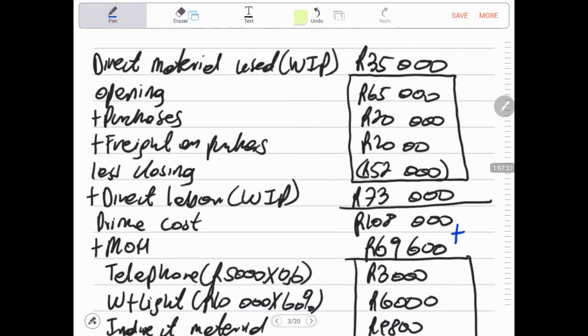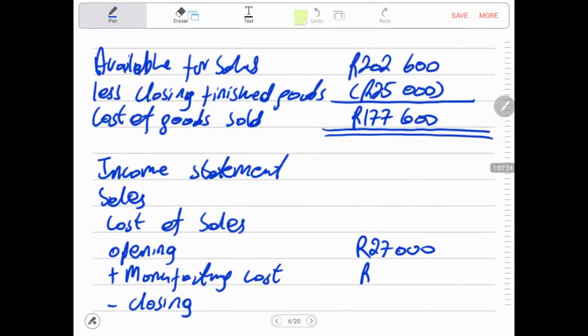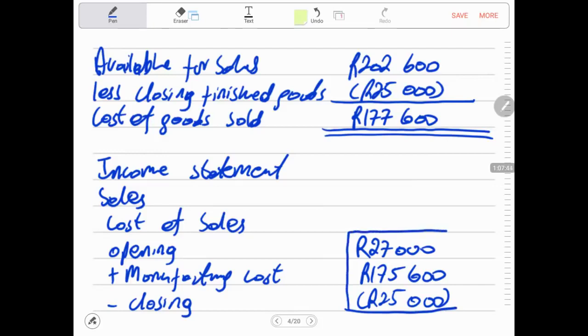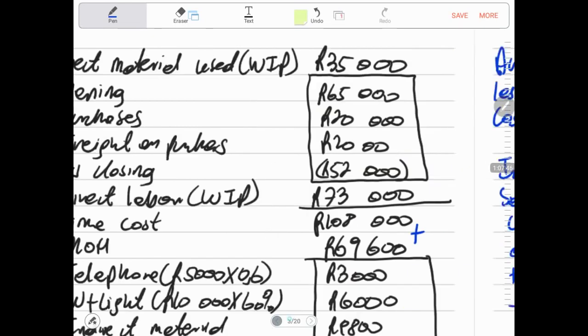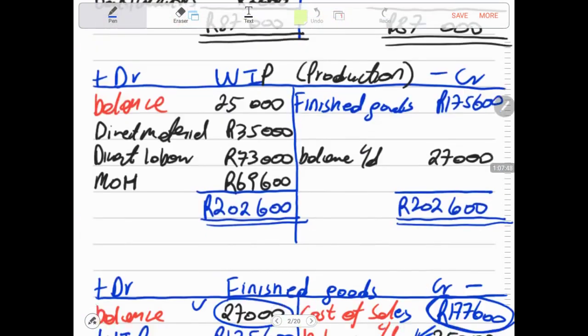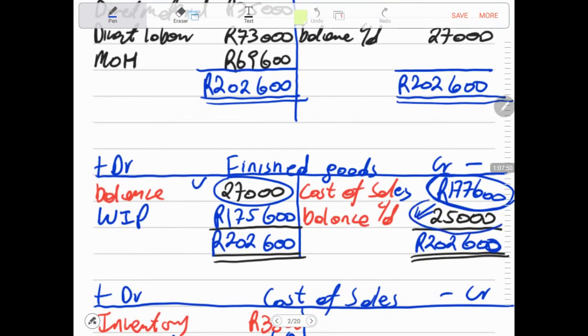Then we have 175,600 and closing inventory being 25,000. And the closing inventory of 25,000 is exactly as it appears in the ledger account. There is the closing inventory given to us, 25,000.